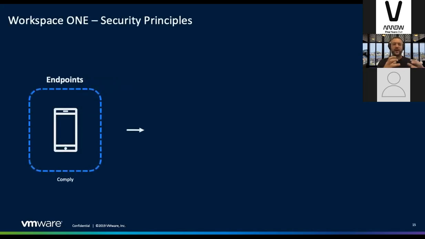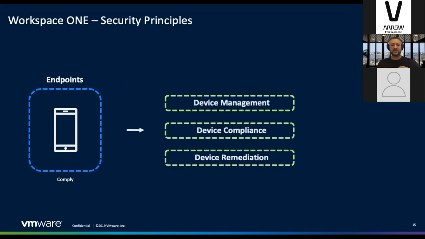So when we're talking about endpoints, from a security perspective, we mean that we're checking and making sure that endpoints comply with our policies. So this could be through device management. So this could be the modern management piece that Hella covered on Tuesday, around managing multiple different types of devices. This could be device compliance.